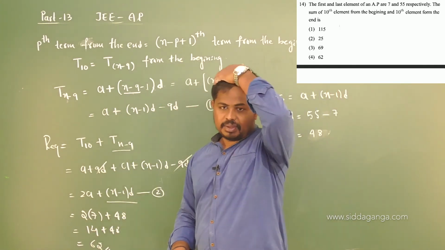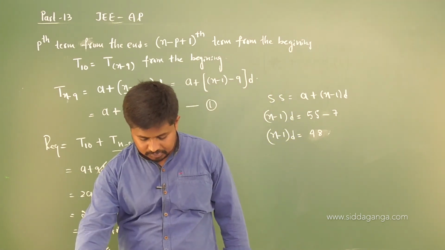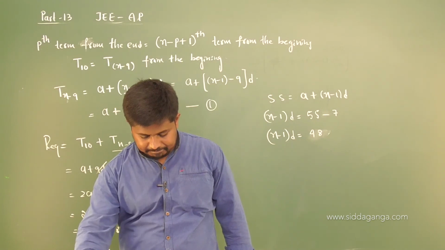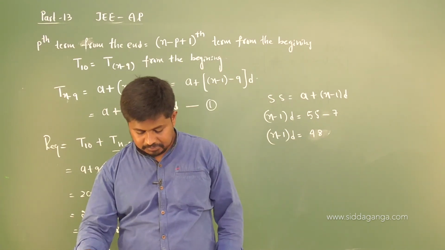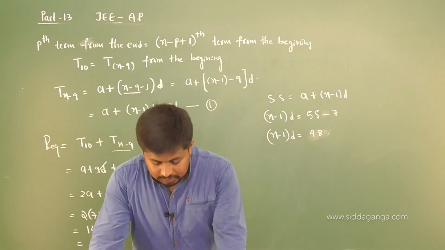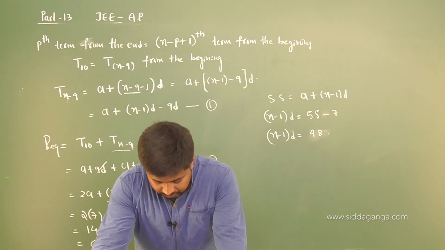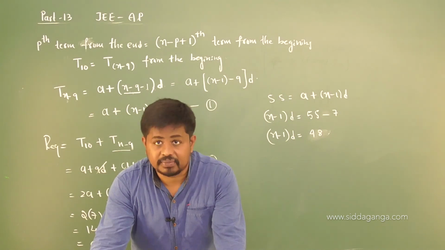So option 4. Yes, option 4 is the correct one. 62 is the correct one.